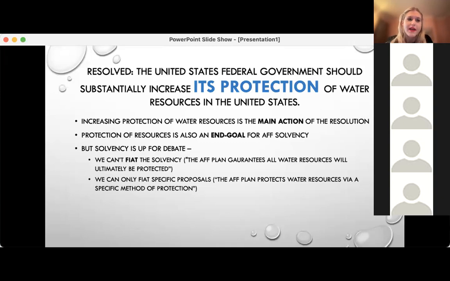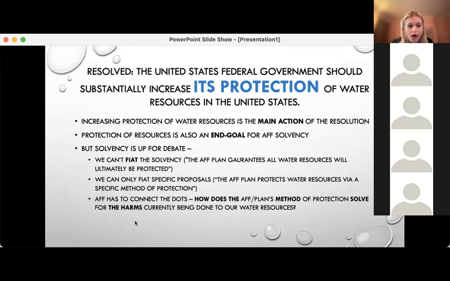So you don't just get to say the aff is whether or not it would be a great idea in theory to protect. You have to propose a certain method to protect the water resources. So you need to connect the dots. How does the aff's method or plan to protect the ocean or the water actually solve for the harms that are currently being done to these water resources?